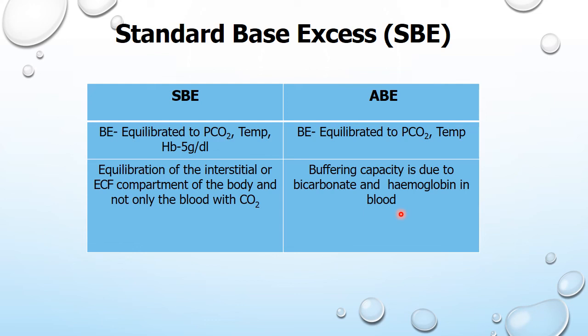Hence, to decrease this fallacy, we take the standard base excess, which is equilibrated to a hemoglobin of 5 gram per dl. This value is obtained if the intravascular compartment is diluted with the interstitial component, then we get an average hemoglobin of 5 gram per dl.